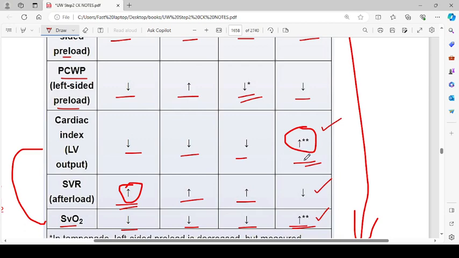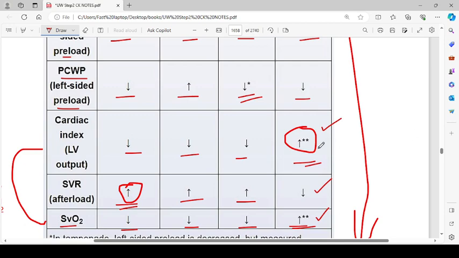Because in neurogenic shock the vessels are dilated, the blood pressure is falling, and then as a sympathetic response the heart should start pacing up, right? But when the problem is with the nervous system, the sympathetic reflex will not be there because of the interruption in the neurogenic connections.